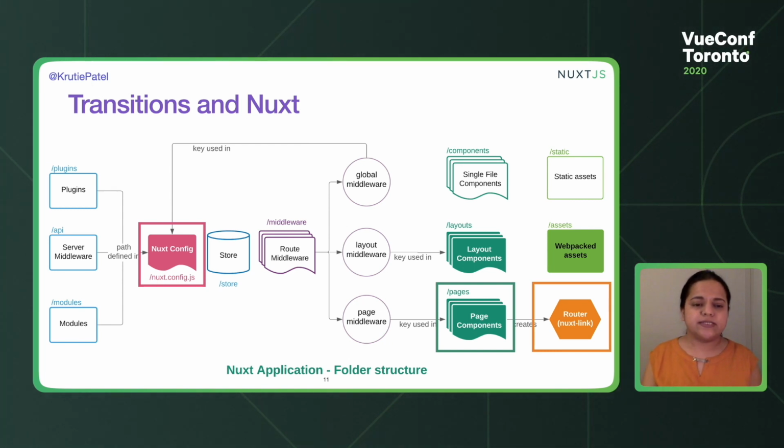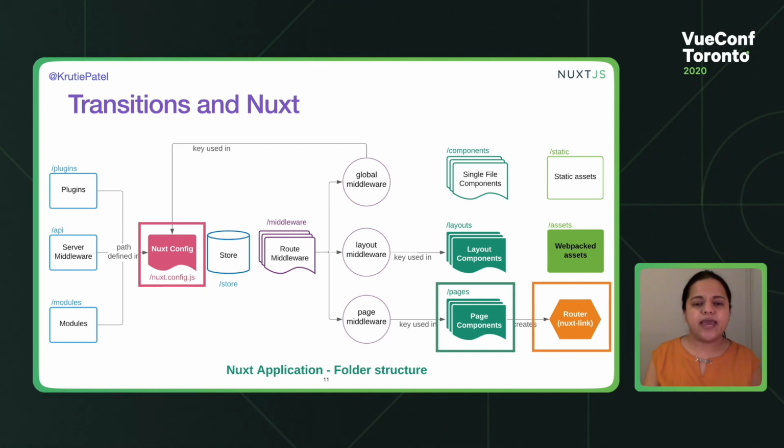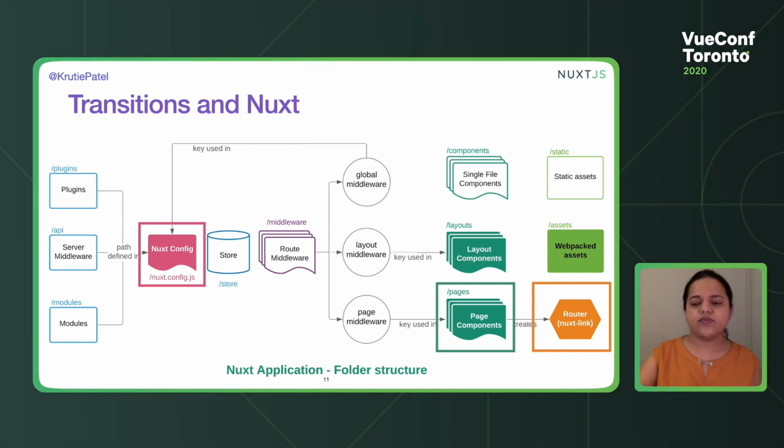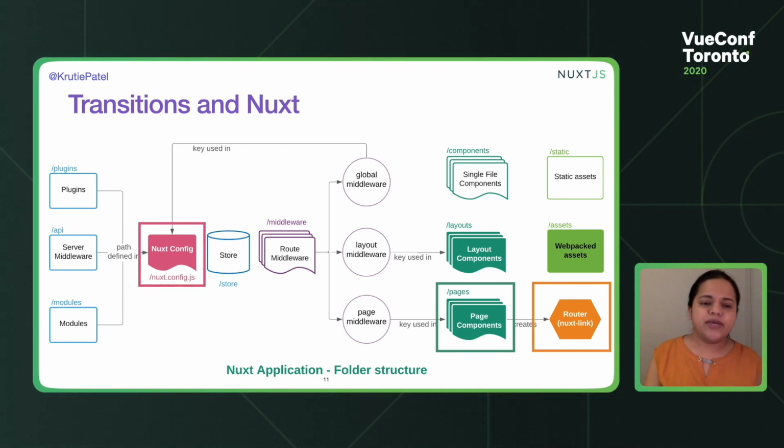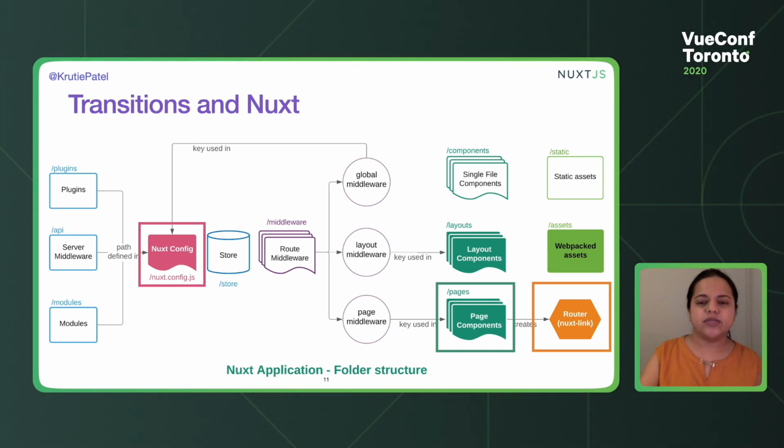Well, page transitions can be global and can be applied to all the pages in your Nuxt app, and when that happens, we can define our page transitions in Nuxt configuration file here. And on the other hand, page transitions can be applied to individual pages as well, and when that is the case, we can define page transitions on single page components here.